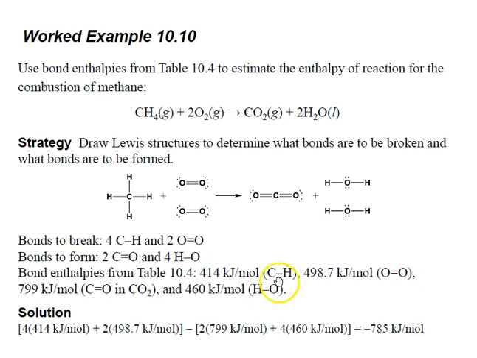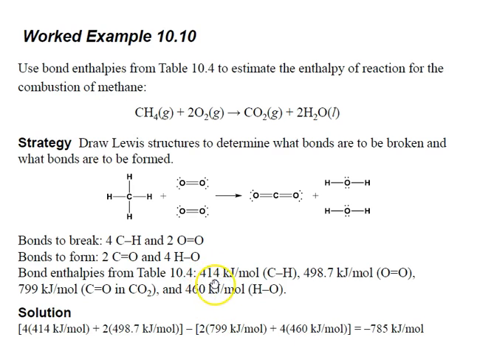All right, anyways, carbon-hydrogen costs 414 kilojoules per mole. The oxygen-oxygen double bond has this cost. And then carbon-oxygen in CO2 is this. And then hydrogen-oxygen is 460. So then we need to figure out how many we have of each and then do the math.